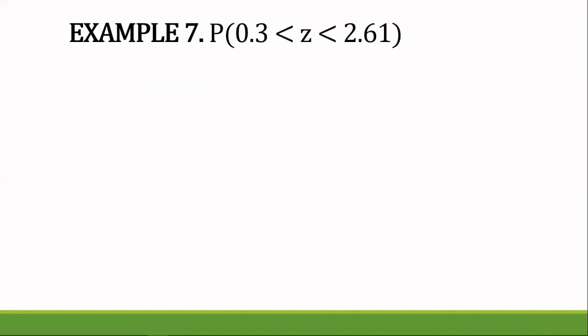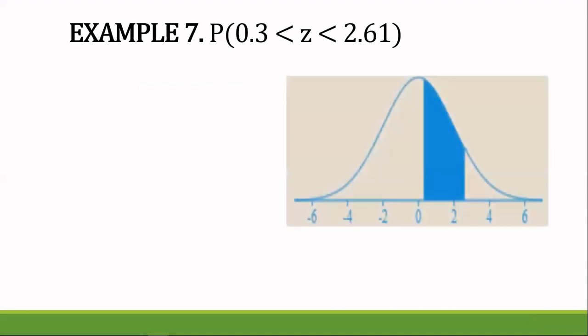Example number 7. So in probability form, probability of Z greater than 0.3 but less than 2.61. When we graph that, magiging ganito yung itsura niya. So 0.3 is somewhere here, and then 2.61 is somewhere here.